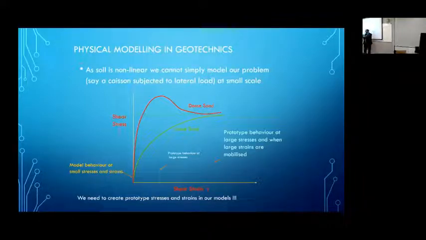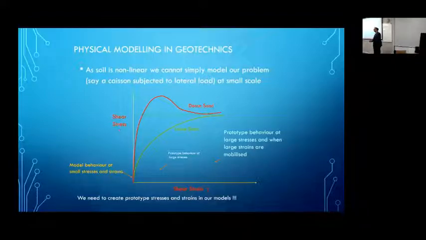Which means when I test a model at laboratory scale, like the nice little tabletop models you're testing for concrete, I will get completely the wrong answer, because the stiffness is so high that my model will predict that any settlement of the foundation is going to be quite small, because the stiffness of the material is very high.